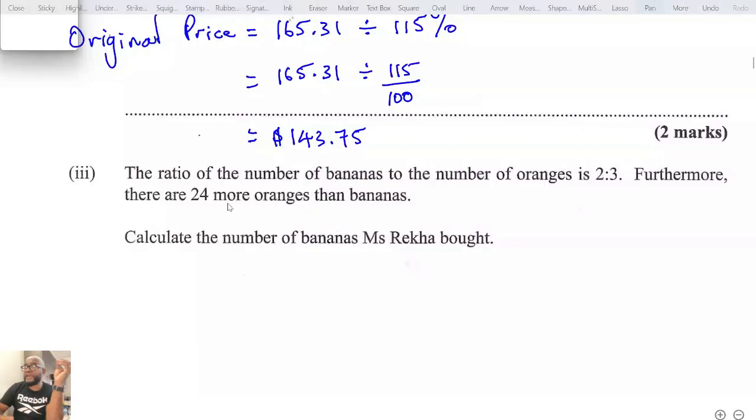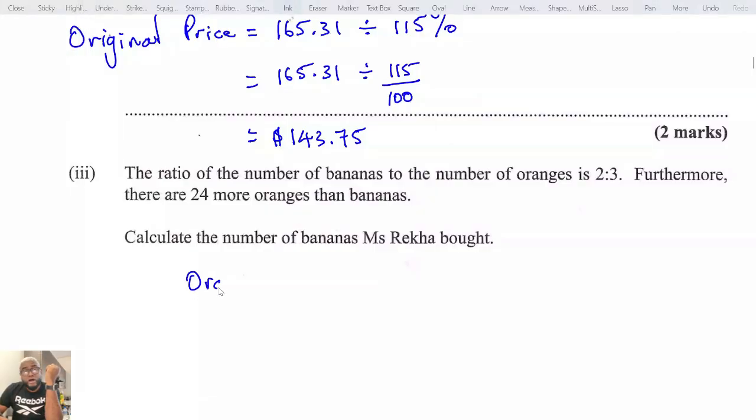So what I need to calculate is how many parts more oranges have than bananas. If oranges have 3 parts and bananas have 2 parts, how many more parts do oranges have?